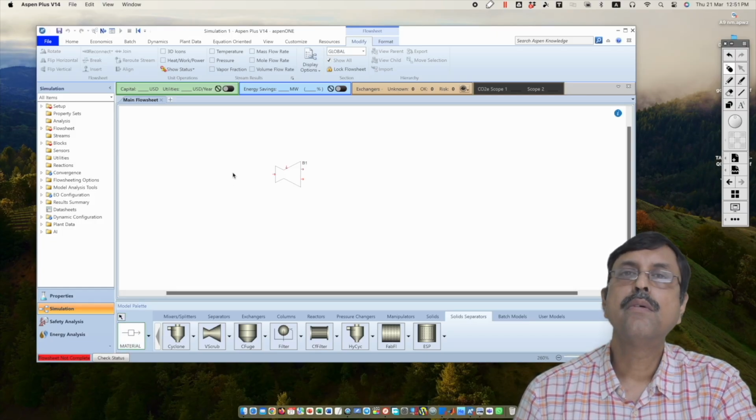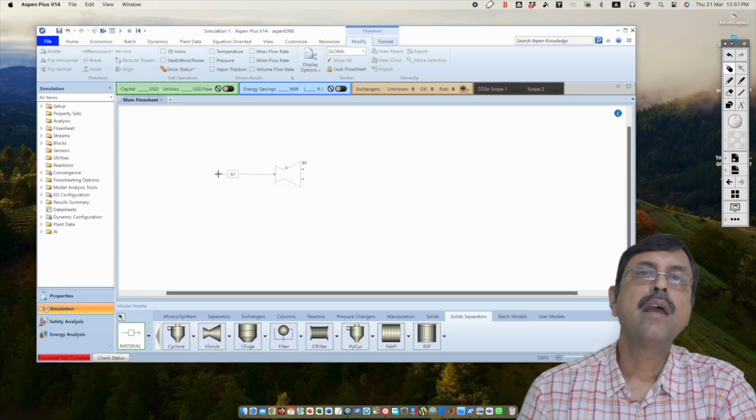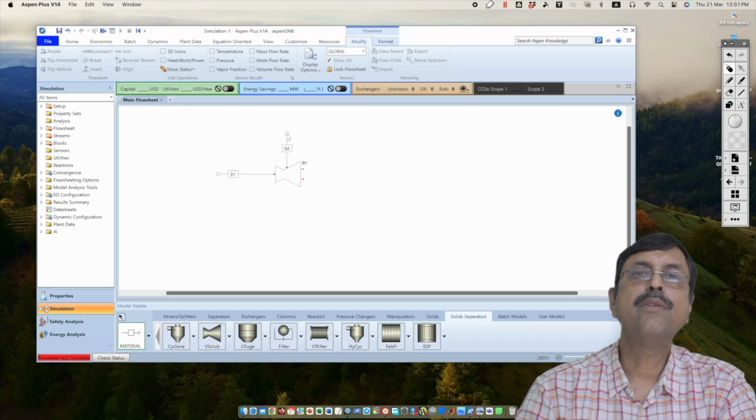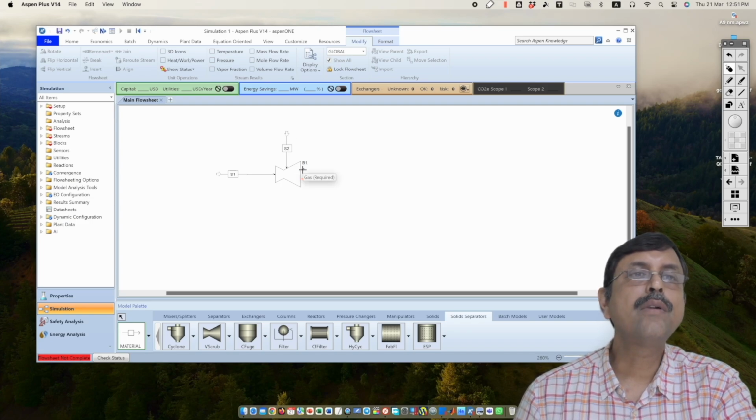It has two mandatory inputs and two mandatory outputs. This is the input for feed, which will contain the gas phase where the particulate matter is suspended. And this is the liquid phase that will arrest the particulate matter. This is the outlet of gas, which is supposed to be the clean gas, and this is supposed to be the liquid.